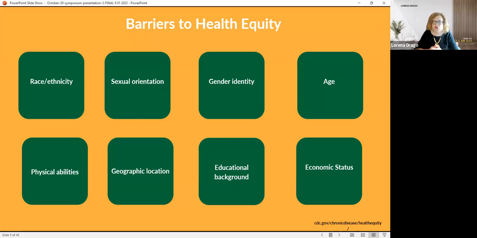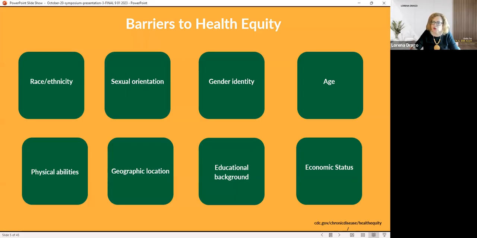When it comes to age, it's a biological factor that may accelerate disease and also disability, and that will be a factor for health inequities. Health inequities also arise for individuals with disabilities, as they may face stigma, discrimination, poverty, and also exclusion from employment.